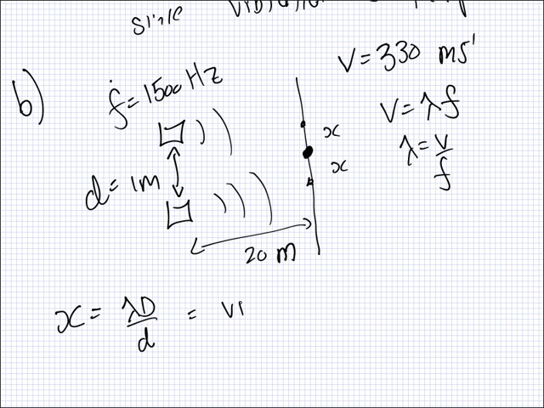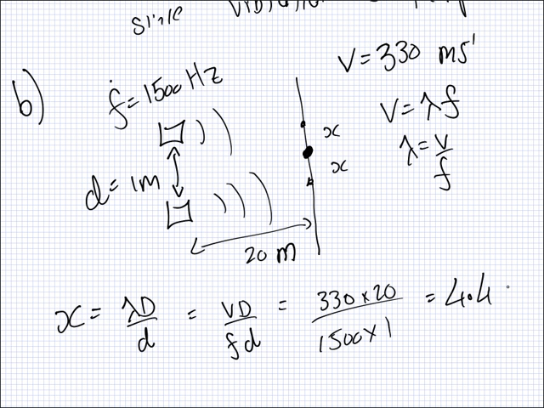So this would be vD over fd. So that is 330 times 20 over 1500 times 1. Is it 4.4? Yes.